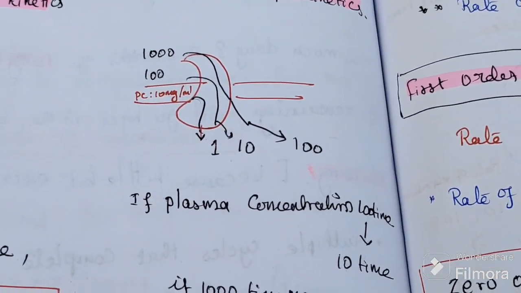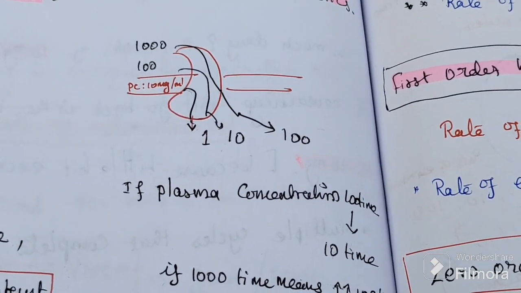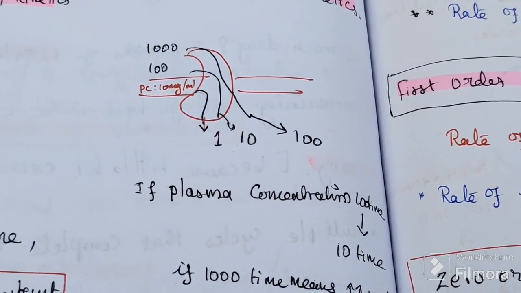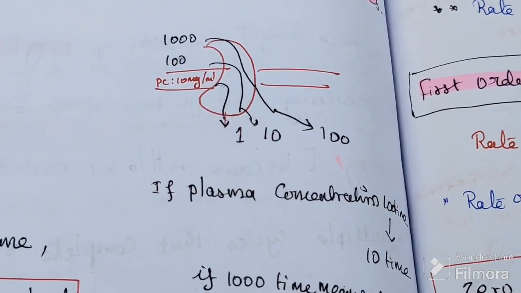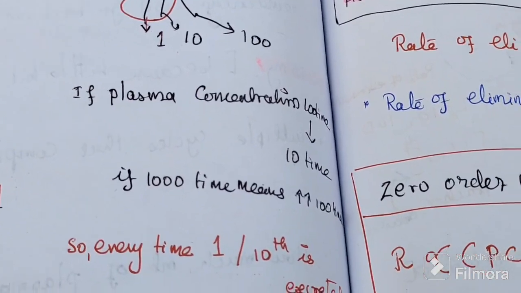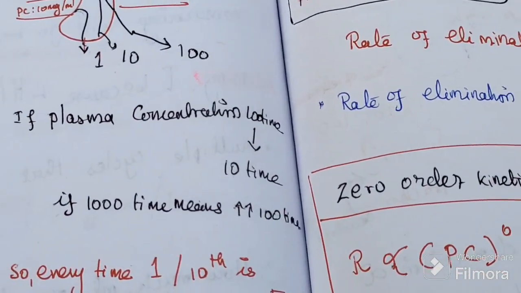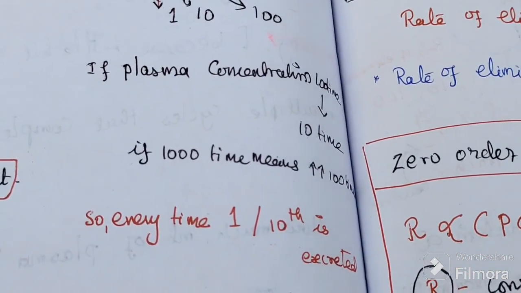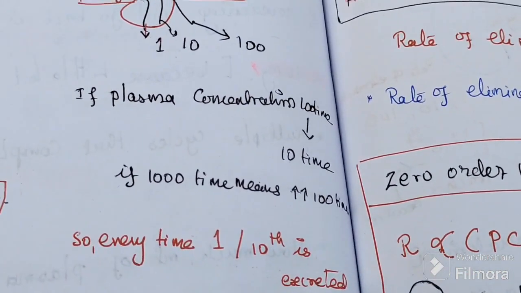So when the plasma concentration is 10, the excretion is 1. When the plasma concentration becomes 100, it becomes 10. When the plasma concentration is 1000, it becomes 100. So every time 1/10 is excreted.